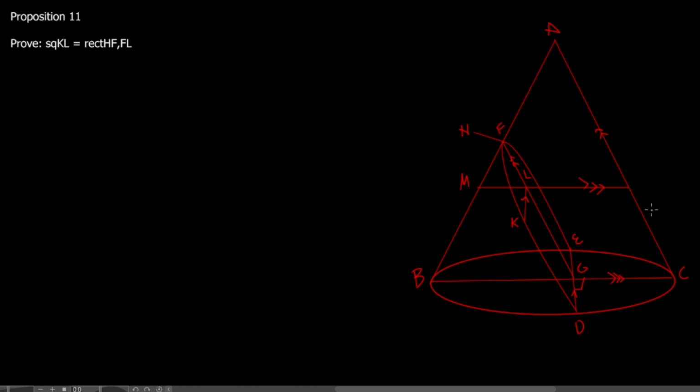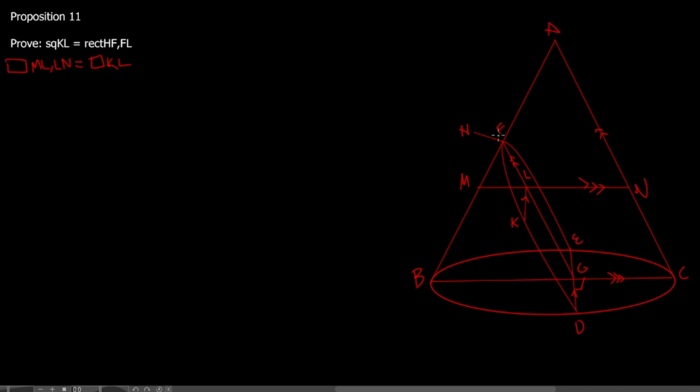But if you have a line dropped perpendicular to the diameter of a circle, then the rectangle on the cutoff parts of the diameter, which will be ML and LN, is going to be equal to the square on the part cutting it off, which will in this case be KL. So that's one thing we're going to start out with.